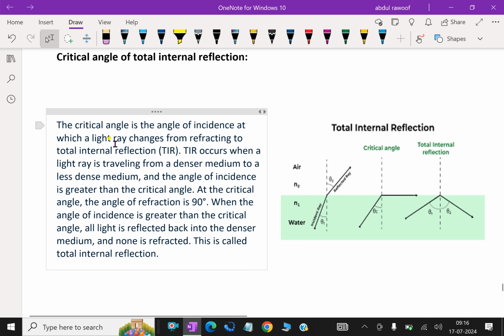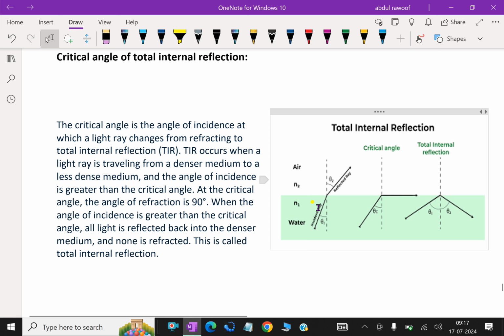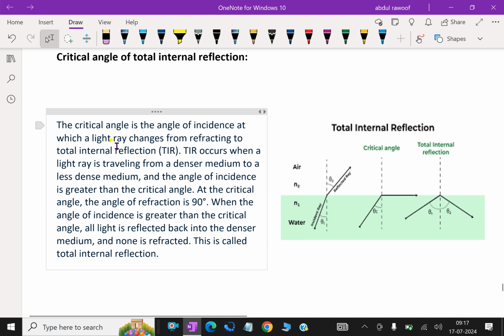That means when a certain angle is passed, the light ray changes from refracting to totally internally reflecting. The angle at that position is called the critical angle.